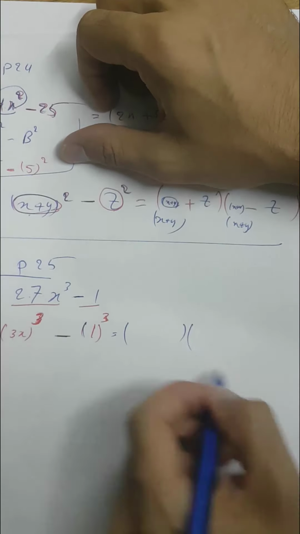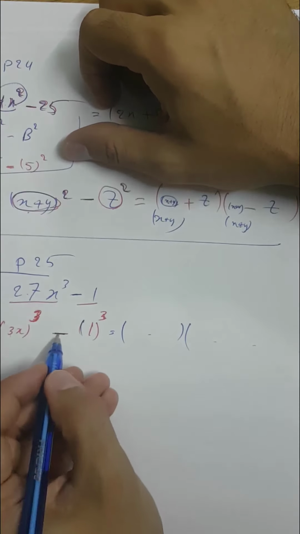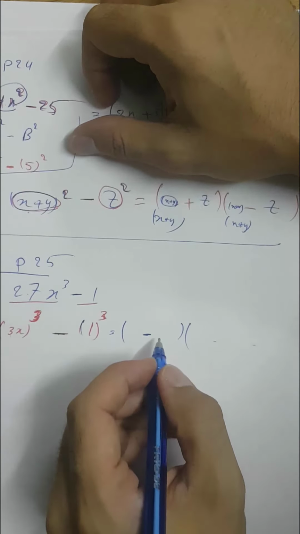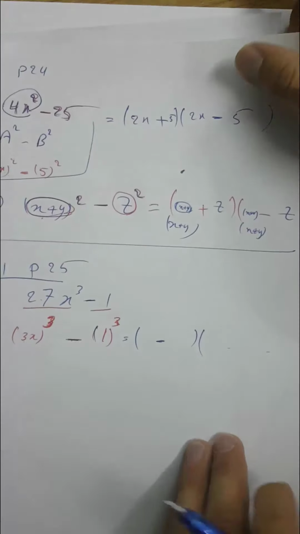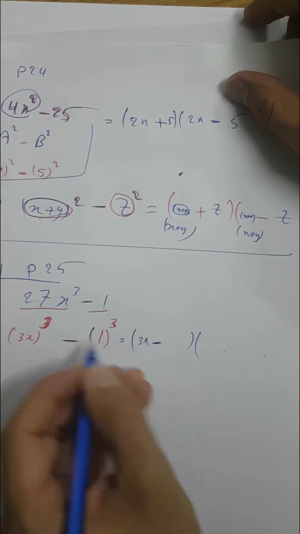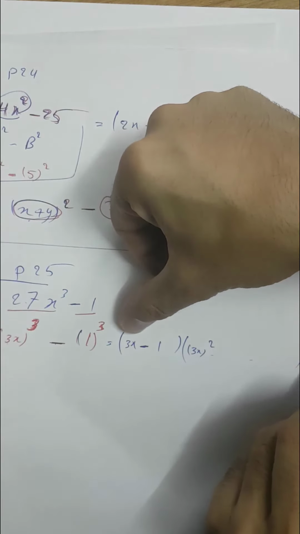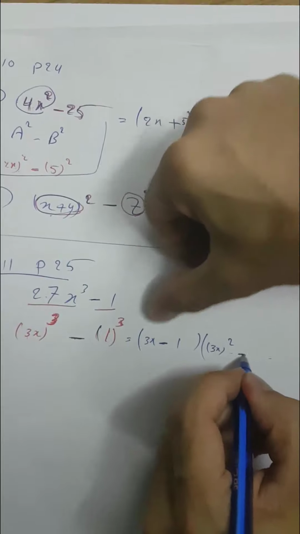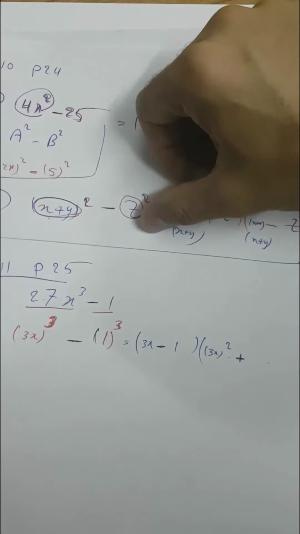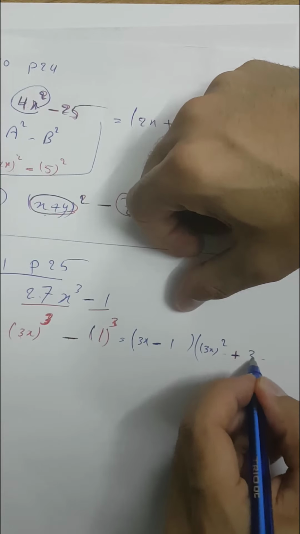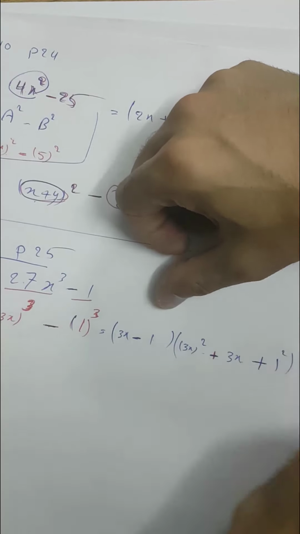So in the difference of cubes, with the same rules, we have a binomial and a trinomial. Okay, we have a difference. I'll put the difference, as I told you in this formula. Now I'll say first, second, and we say first square, minus, I will change it to plus, ab, so that means 3x by 1 is equal to 3x, always plus second square, 1 square.